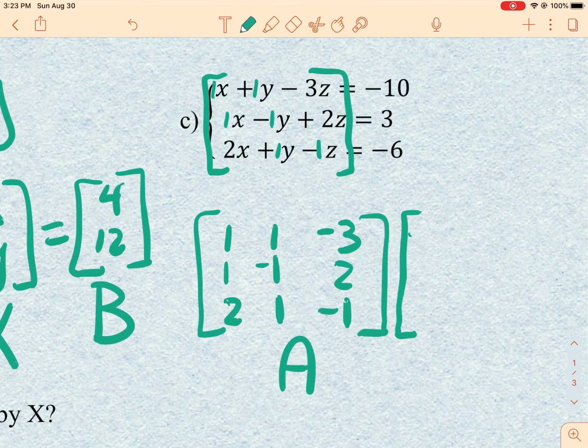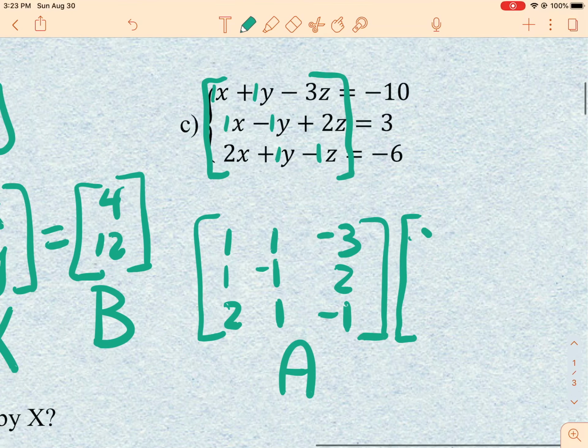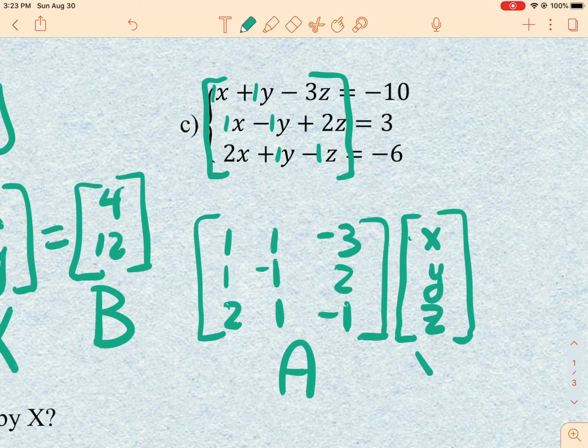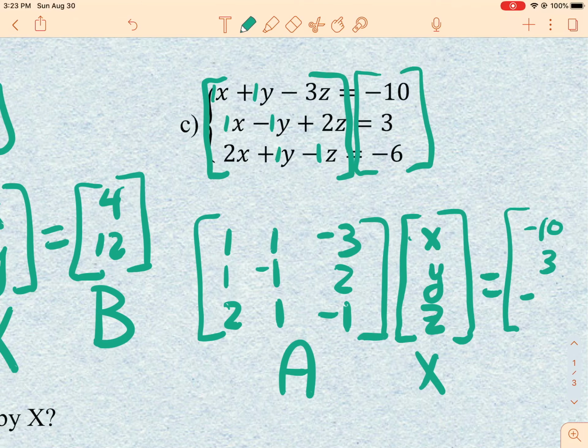Our X matrix would be our variables. In this case, X, Y, and Z. And then our B matrix would be this last part, -10, 3, -6.